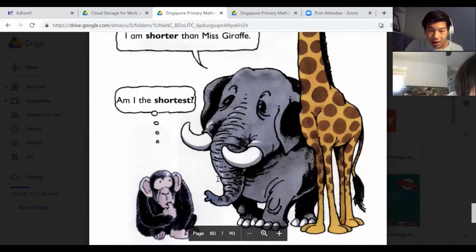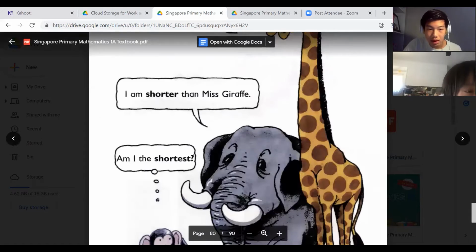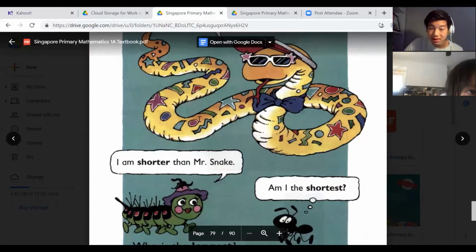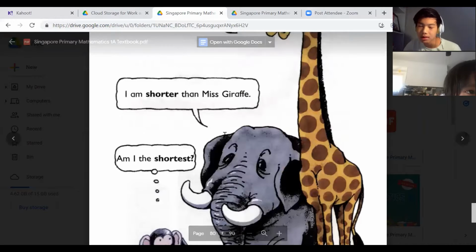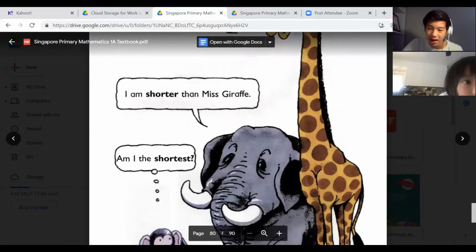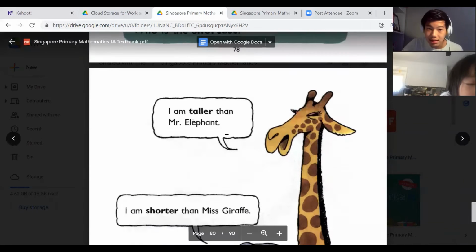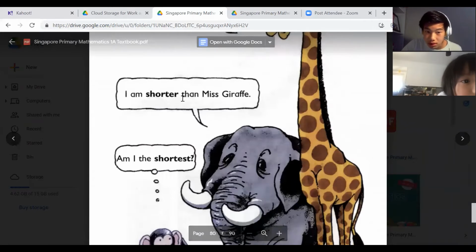Okay. Next, we also have something called height, which is how tall you are. So this is length and this is height, but it's basically the same thing. And so in this case, we use the words taller and shorter, okay?